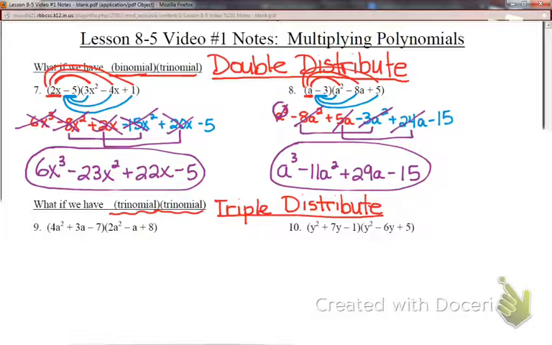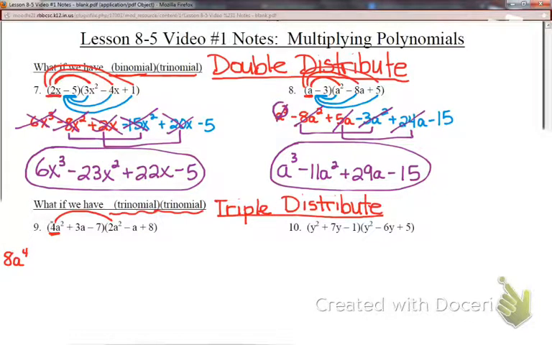Again, I just start with the very first term, 4a squared, and I take it times each item in the second polynomial. So 4a squared times 2a squared is 8a to the fourth.